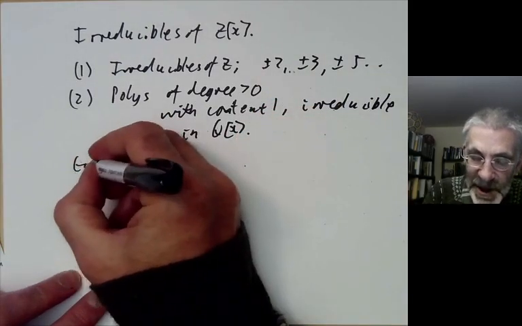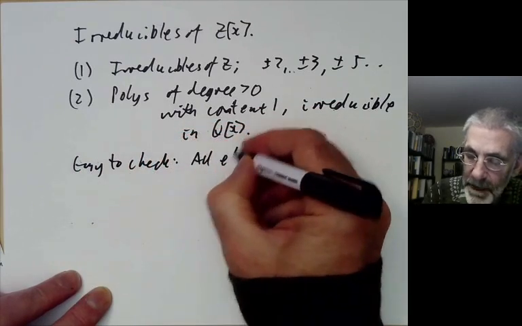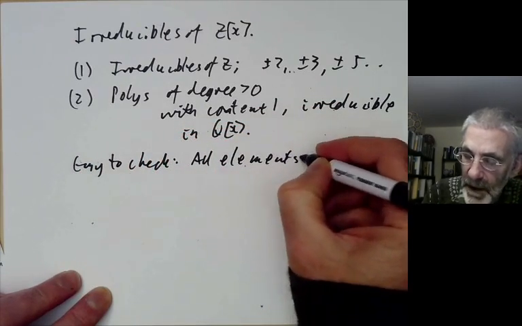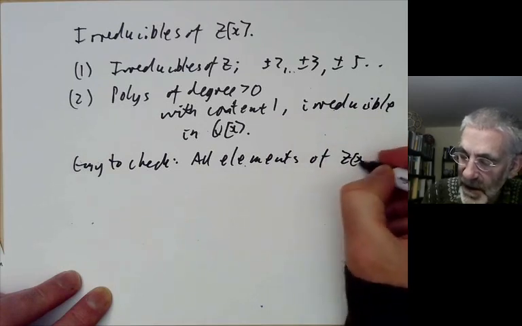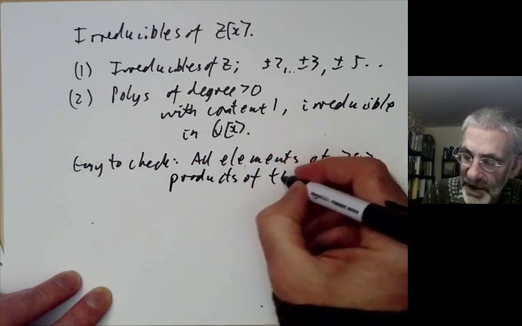And it's easy to check all elements of Z[x] are products of these irreducibles.